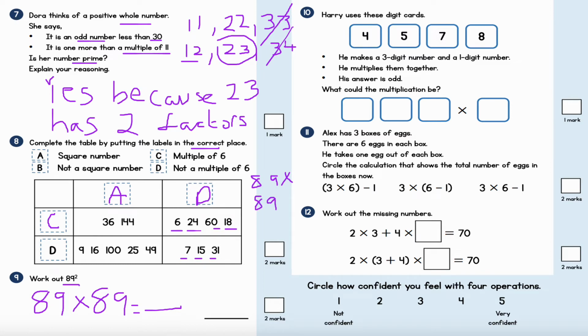So 9 nines are 81, so 1 carry the 8. 9 times 8 is 72, plus the 8 is going to be 80, so 80. I'm going to put a placeholder there. 8 times 9 is 72, so 2 carry the 7. 8 eights are 64, plus the 7 is going to be 71.